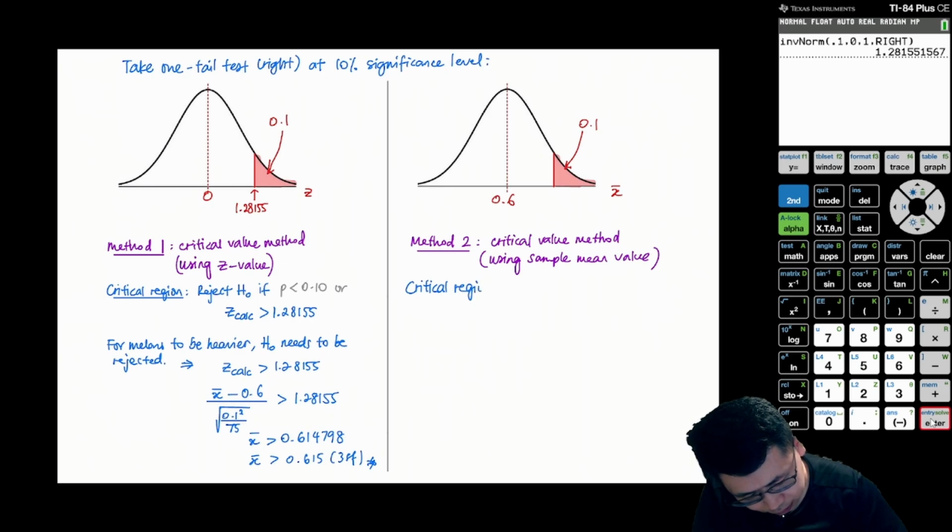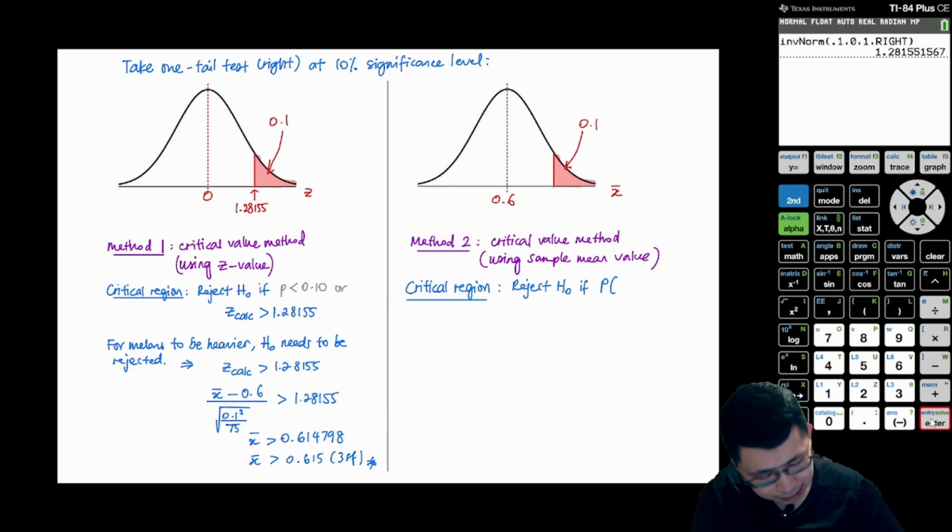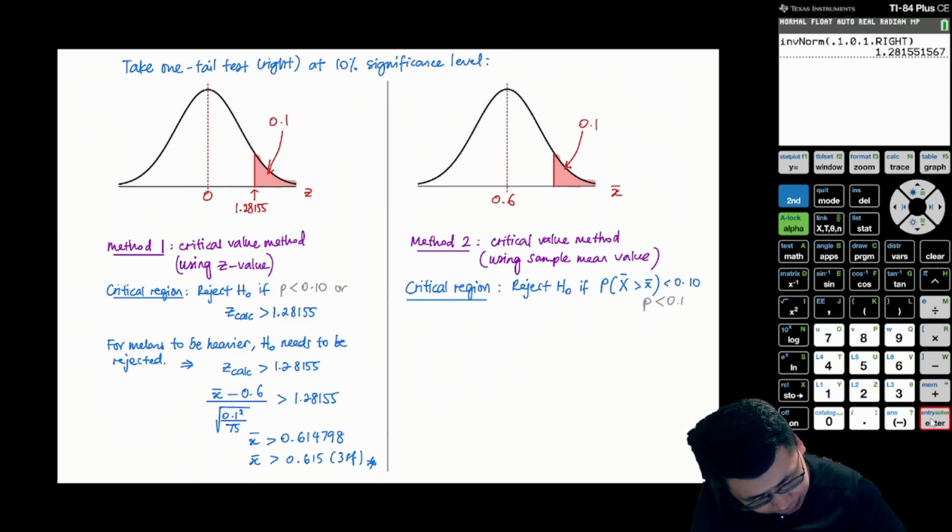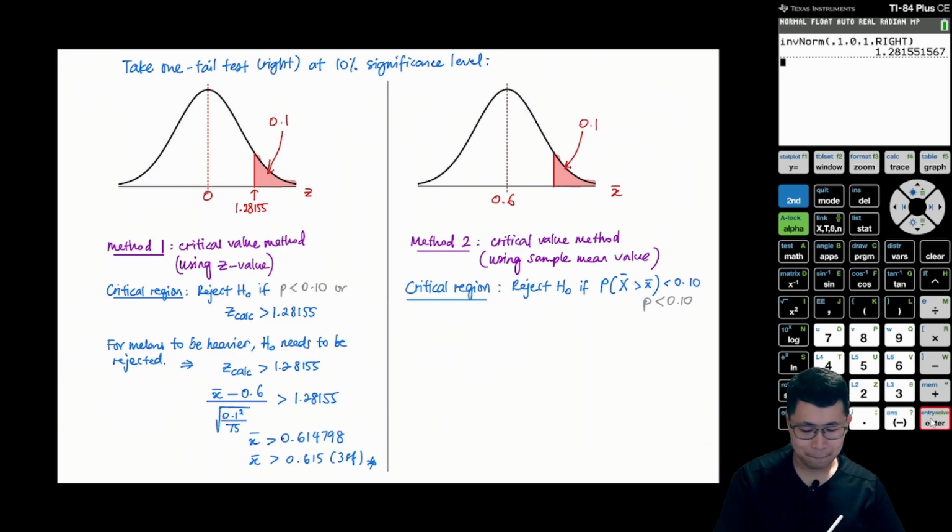So the critical region over here is that we will reject our H naught if the P value is less than 0.10, or in other words, the P value is less than this.